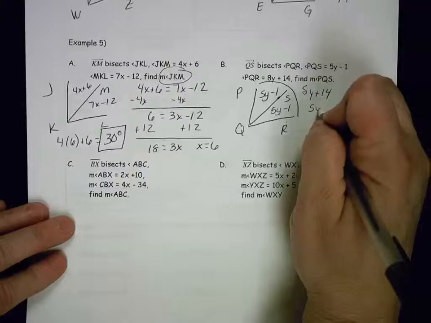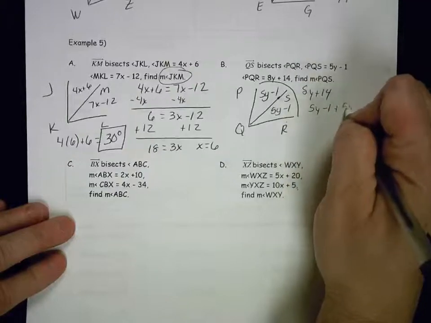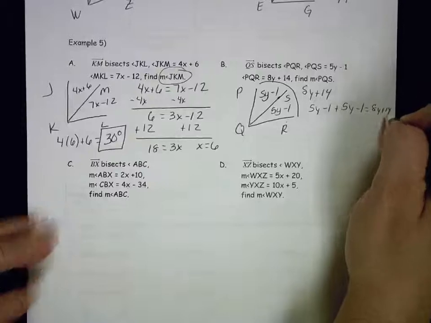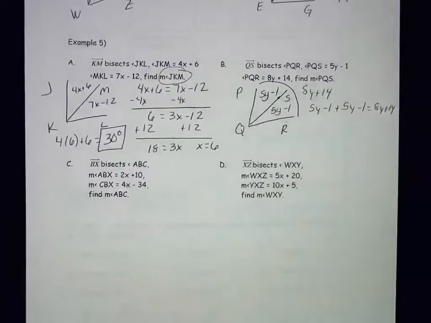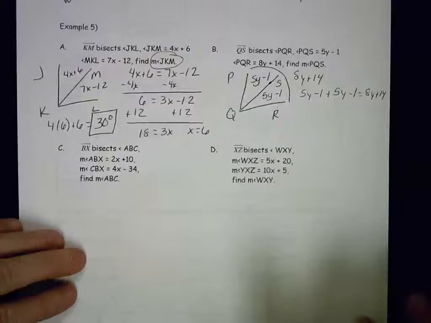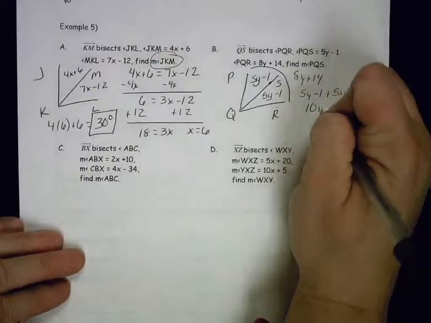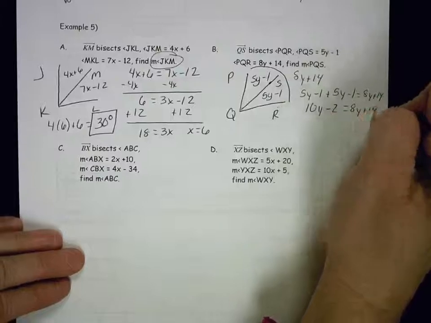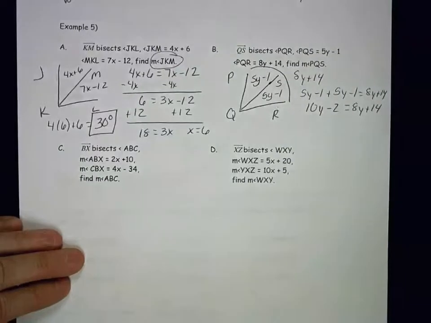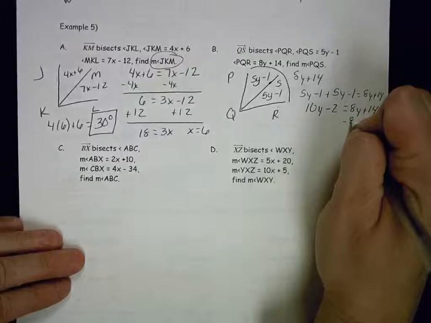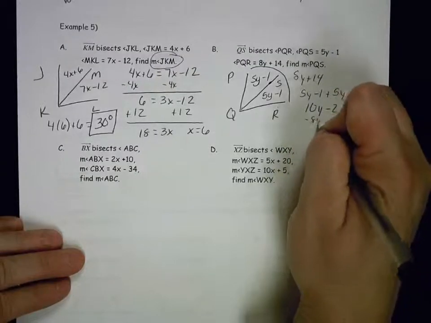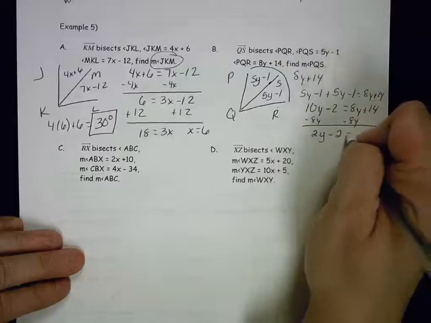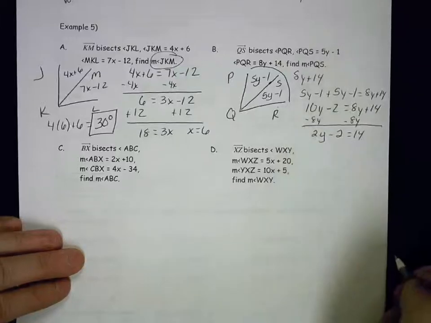So you will have 5y minus 1 plus 5y minus 1 equals 8y plus 14. That becomes 10y minus 2 equals 8y plus 14. You subtract 8y from both sides, and you have 2y minus 2 equals 14.